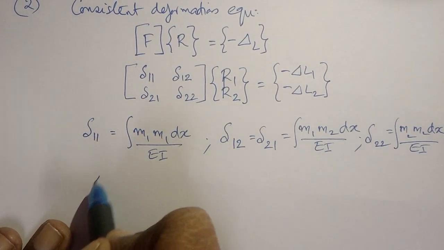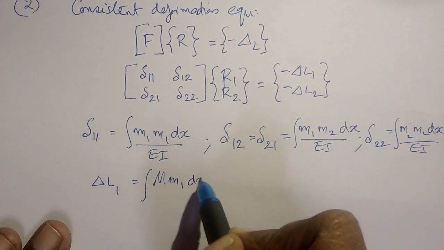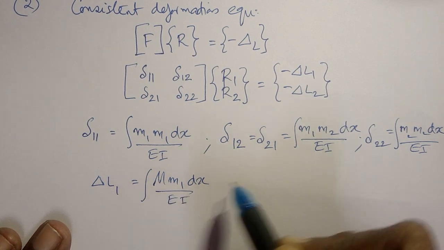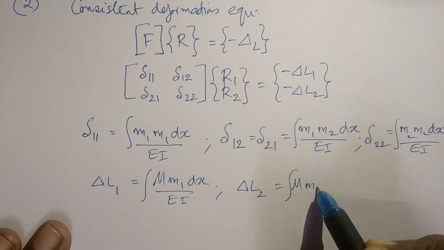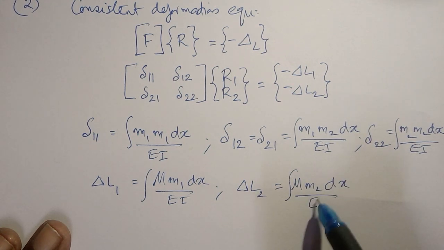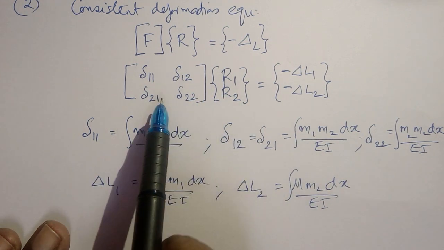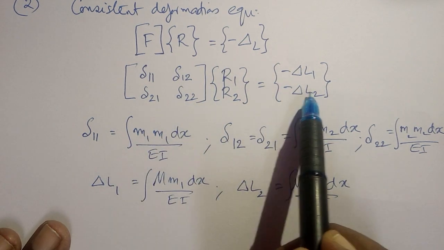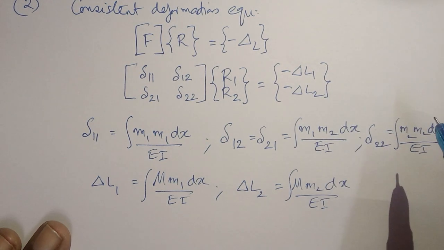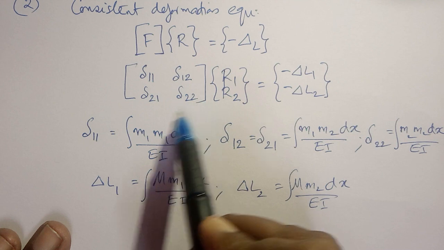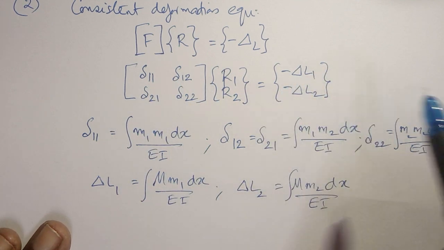Delta L1 is integral m m1 dx by EI, and delta L2 is integral m m2 dx by EI. The flexibility terms are deformations due to unit value of redundants, and the right hand side terms are deformations due to external load.